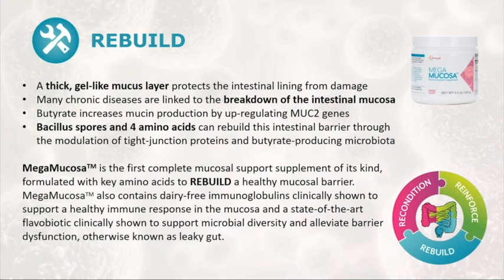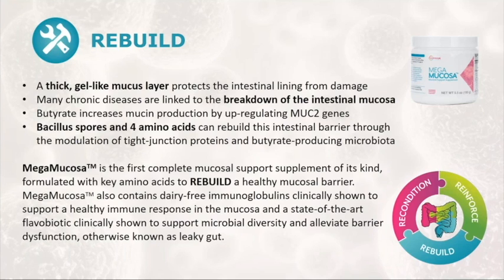Butyrate, that short chain fatty acid that's anti-inflammatory, that is helpful, that we referred to earlier, can increase the mucin production by upregulating MUC2 genes. The bacillus spores and 4 key amino acids can rebuild the intestinal barrier by modulation of the tight junction proteins and butyrate producing microbes. And so this is where Megamucosa comes into play.